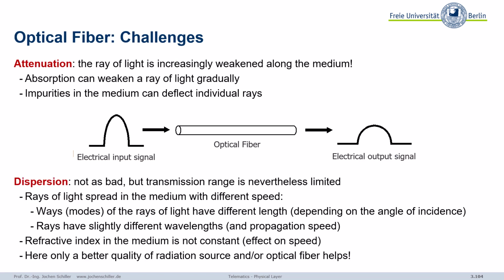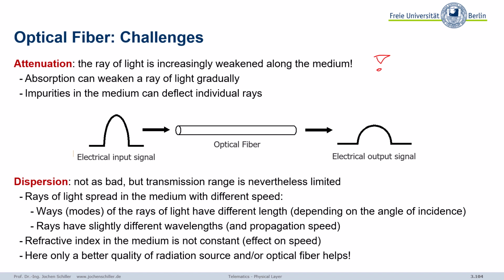To summarize, what are the challenges? Optical fibers, terabit per second, petabits, that sounds good, but still we have attenuation, so the signal is weakened, so we have to regenerate the signal. In the optical fiber, you have scattering effects, a bit of absorption effects, etc. So you weaken the signal, and impurities can deflect individual rays.